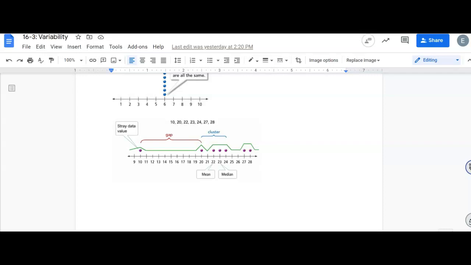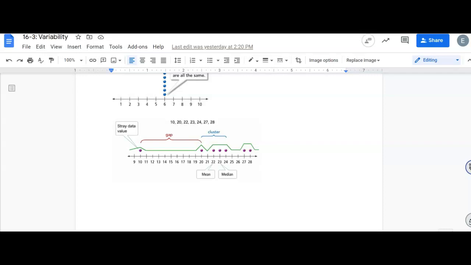And I think there's only like 7 dots. That's why I think it's low variability.